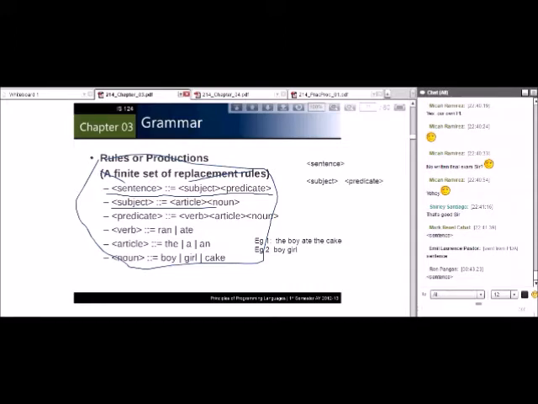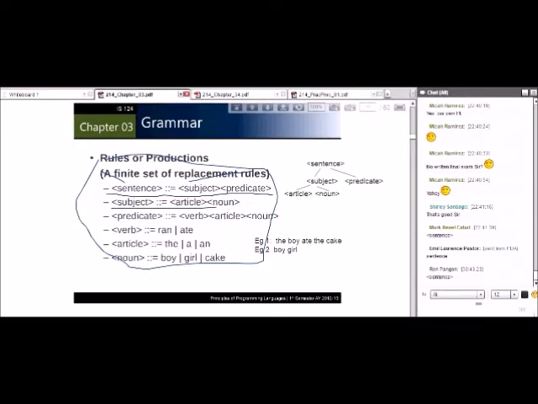It's like we are making a tree here, that's why it's called a parse tree. We put the line here. And then, subject has article and noun. So subject produces article and noun. It's just like we are doing gradual replacement of the non-terminals.